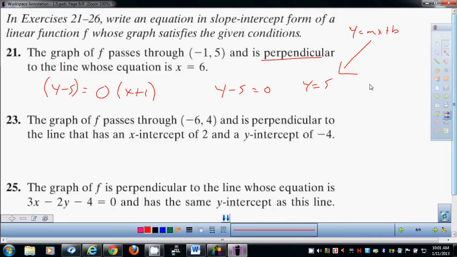Number 23: the graph of f passes through that point and is perpendicular to the line that has an x-intercept of 2 and a y-intercept of 4. What do we do? We're actually going to use both of the intercepts to find the slope, because this is the point (2, 0) and this is the point (0, -4).